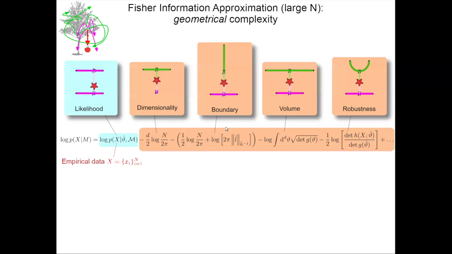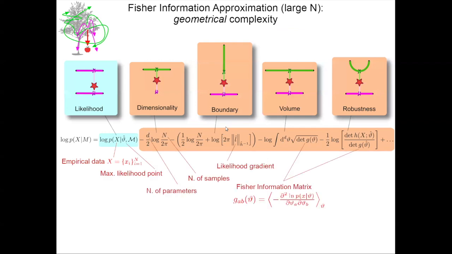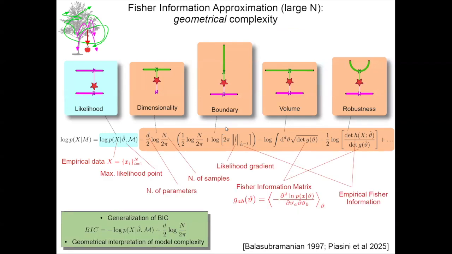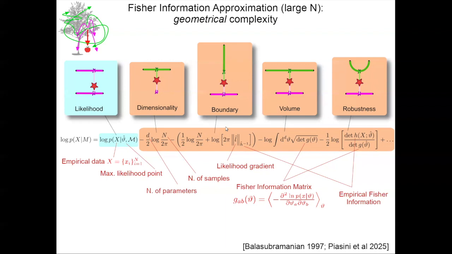If you want to give this kind of geometrical interpretation of our Bayesian evidence, the way in which this comes out nicely is if you assume Jeffreys prior on your models.